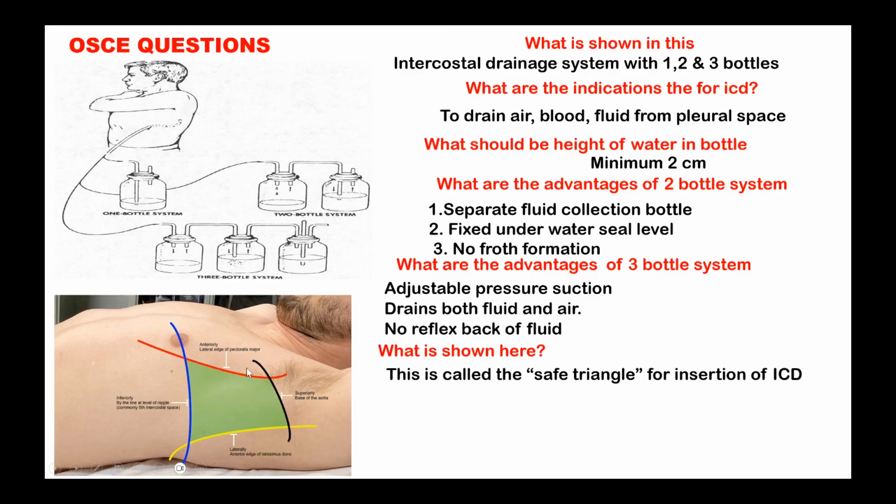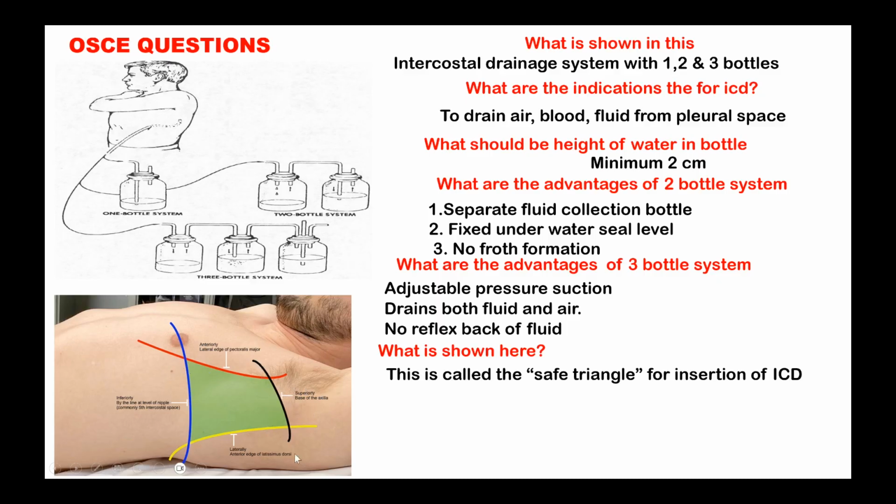What is this red line? Lateral edge of pectoralis major. This yellow line, the lateral edge of latissimus dorsi. The blue line is the fifth intercostal space. So actually, the apex of the axilla should be like this, so that it will become a triangle.